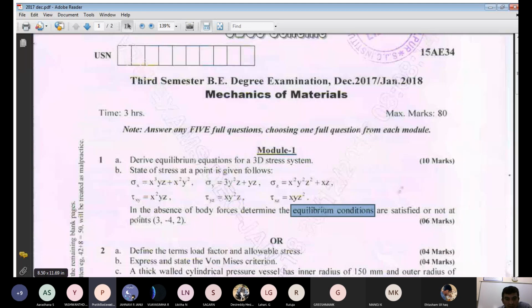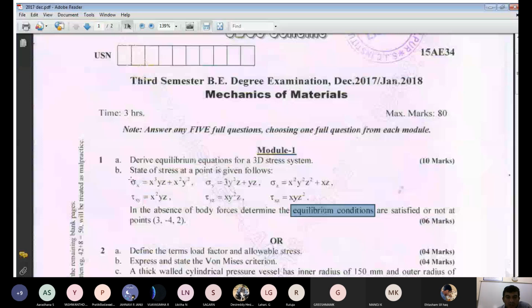Then you substitute here. At the point 3, minus 4, 2, x is equal to 3, y is minus 4, and z is 2. Substitute to get the value of dou by dou x of sigma x.